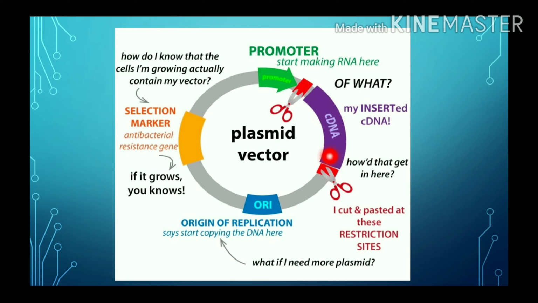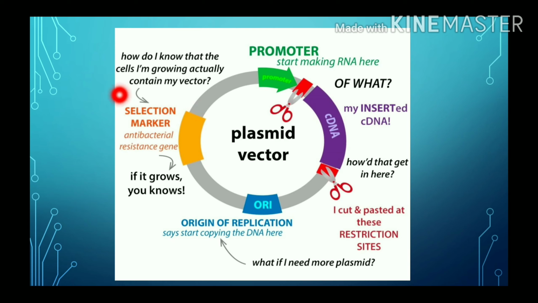And this is the plasmid vector, origin of replication, and this is the place where the restriction endonuclease can act, and here we can insert the target DNA. This is the promoter region. It starts making RNA here and finally protein. And this is the selectable marker where the antibiotic resistance gene is present, which is used to differentiate between transformants and non-transformants.